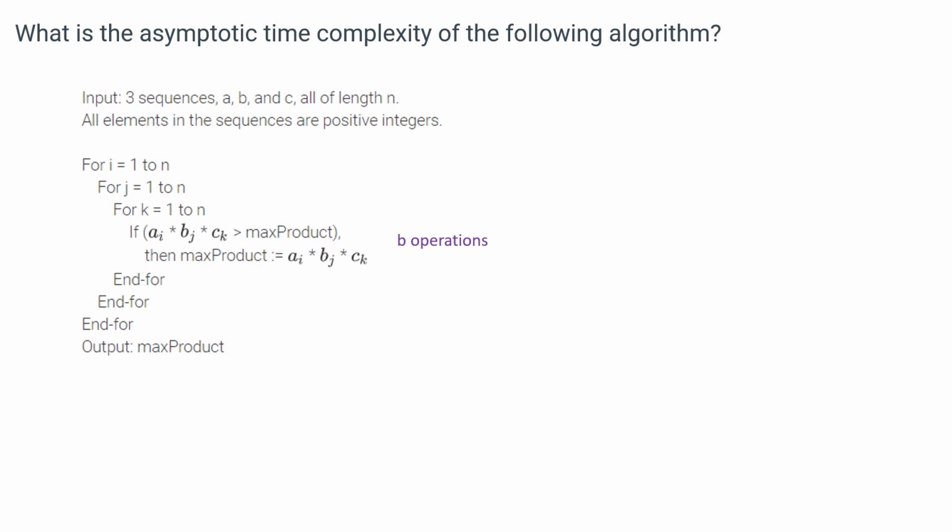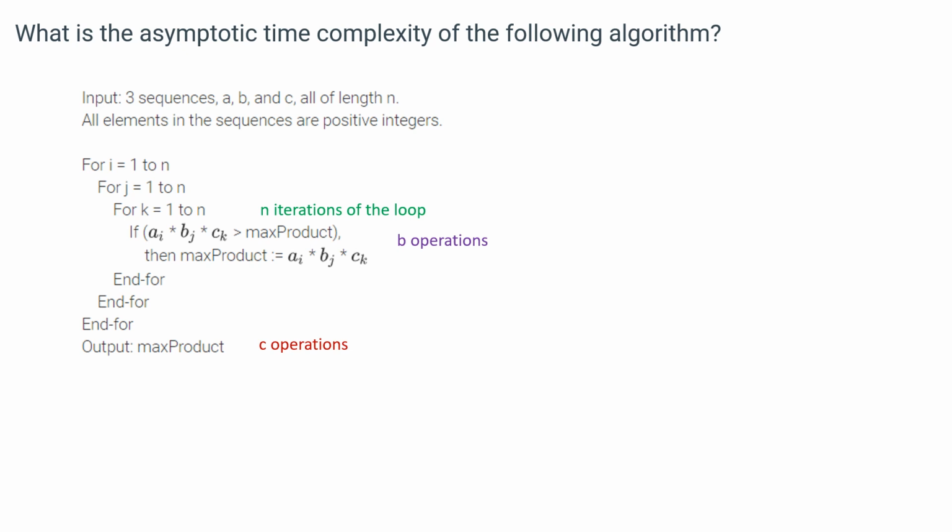We could say that there's B operations inside that K loop. That would include the checking of the K, the incrementing of the K, checking this if statement, and then possibly making this assignment. Add all that up, we'll just say that's a constant B. But that's being done n times because there's n iterations of the loop.